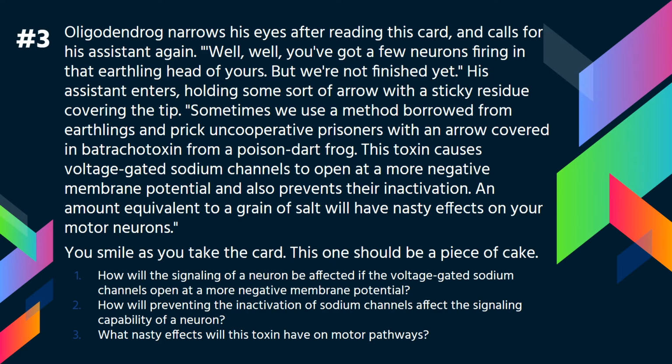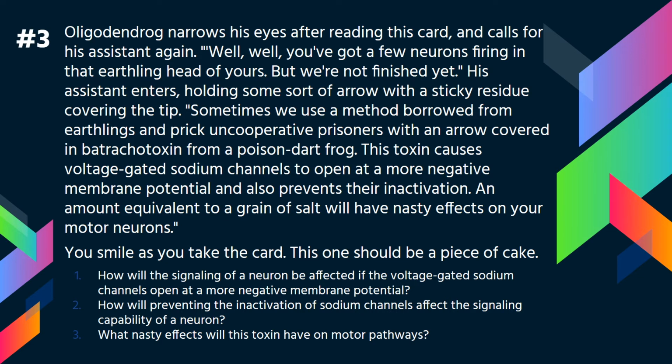Oligodendron narrows his eyes after reading this card and calls for his assistant again. "Well, well, you've got a few neurons firing in that earthling head of yours, but we're not finished yet." His assistant enters, holding some sort of arrow with a sticky residue covering the tip.